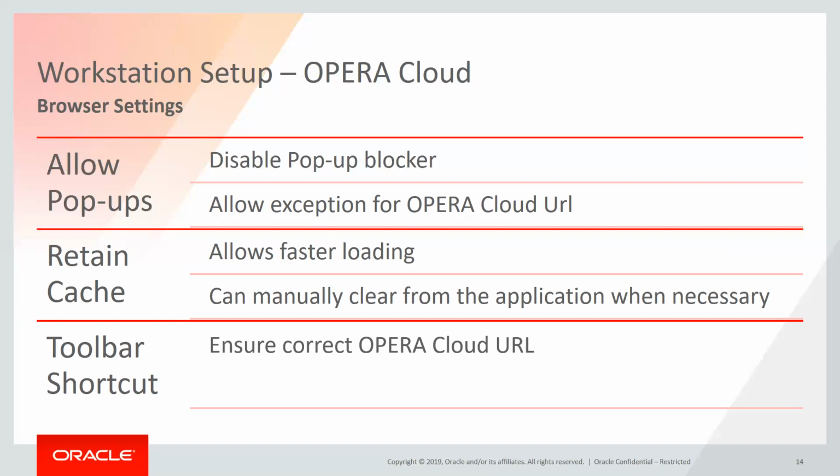By saving a redirected link, once you use it again, the session might drop and they will get logged off and there will be issues. So ensure that after you save your Opera Cloud URL, you edit that link and clean it all the way until it just says .com.